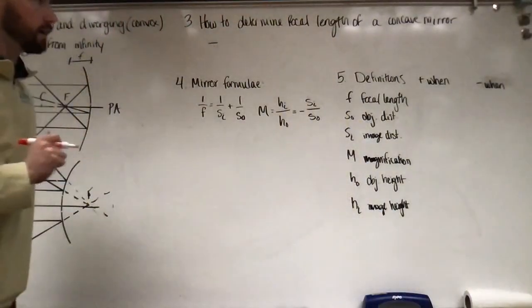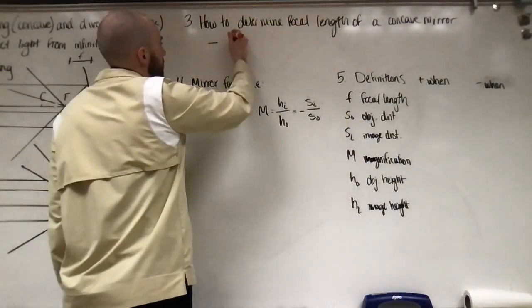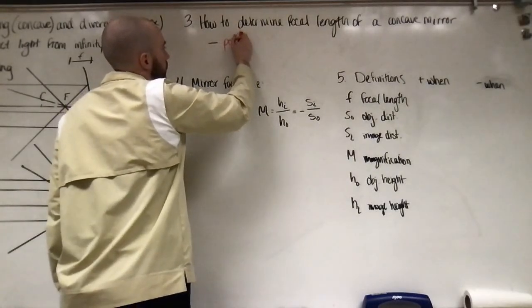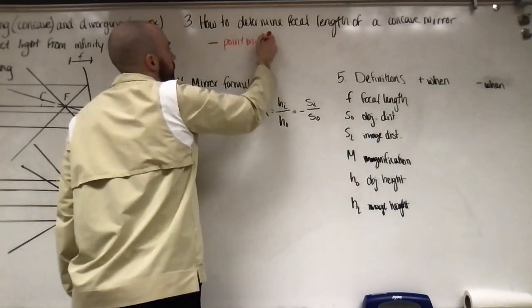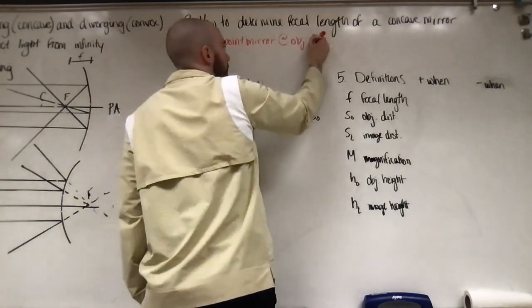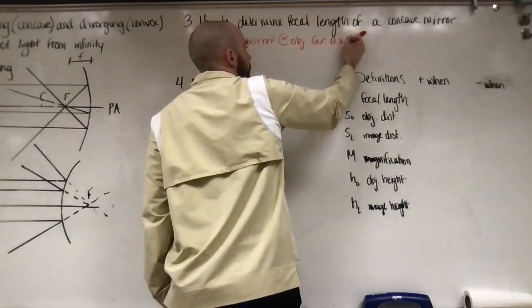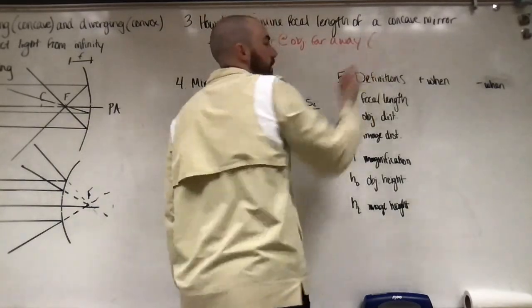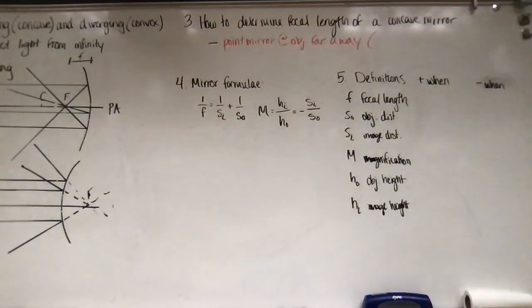All right, so now how do we determine the focal length of a concave mirror? First thing we have to do is point the mirror at an object far away. How do we determine what far is? Well, it has to have a distance that is significantly larger than its center of curvature.